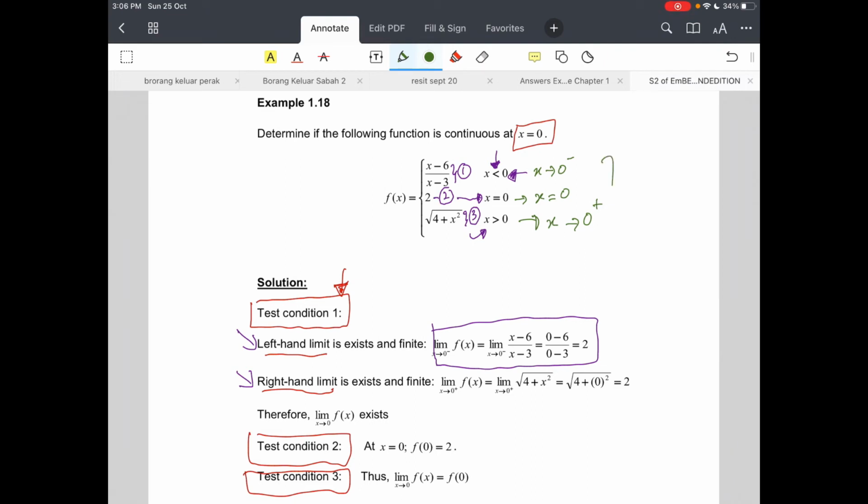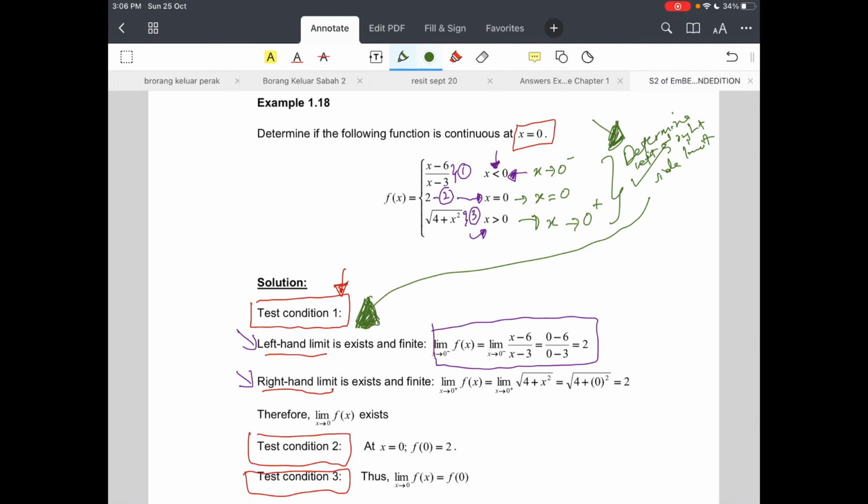So when you have determined this first, you need to determine the left and right side limits. Only then can you consider testing the conditions. If you are unable to determine this, then you might probably make wrong solutions when answering it.